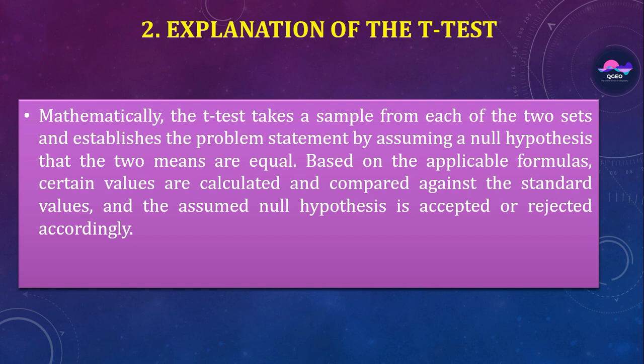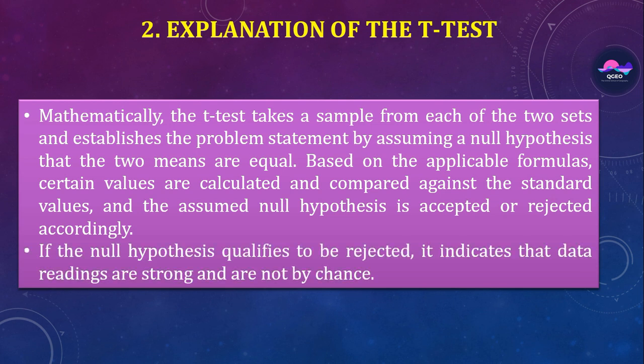Based on the applicable formulas, certain values are calculated and computed against the standard values, and the assumed null hypothesis is accepted or rejected accordingly. If the null hypothesis qualifies to be rejected, it indicates that the data readings are strong and are not by chance.